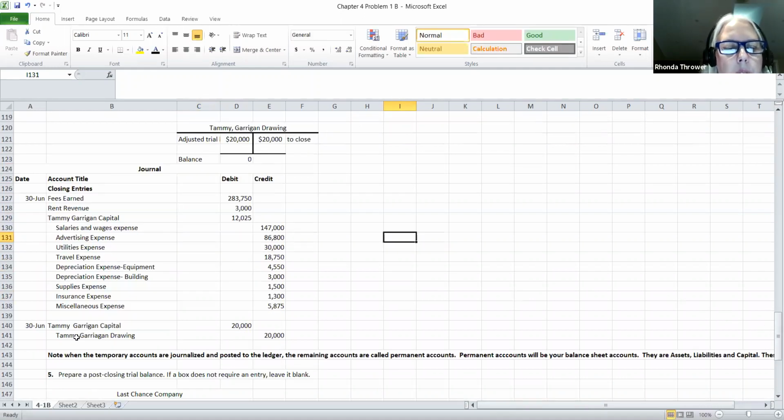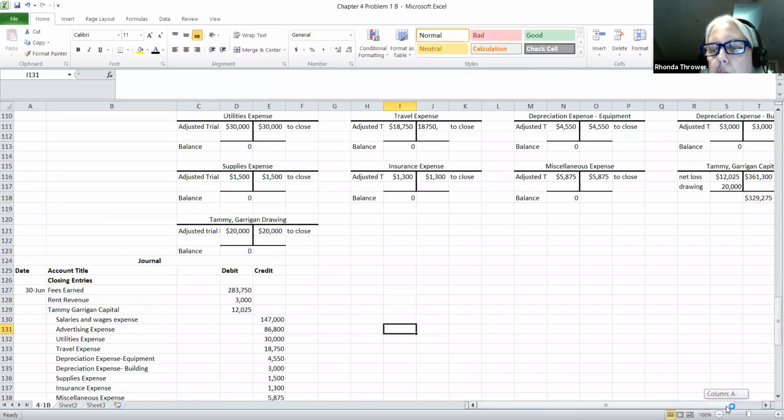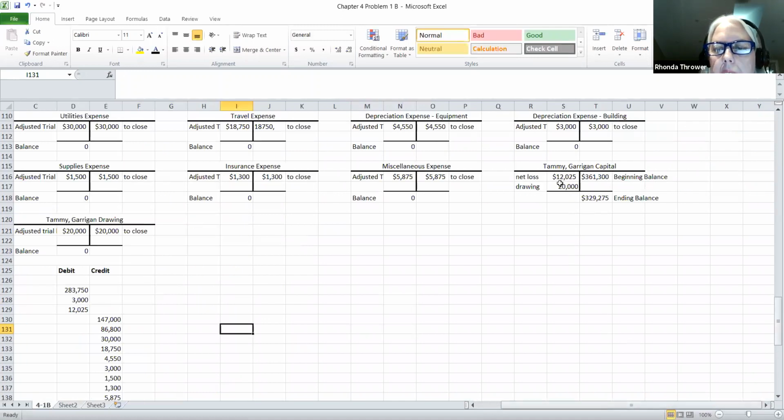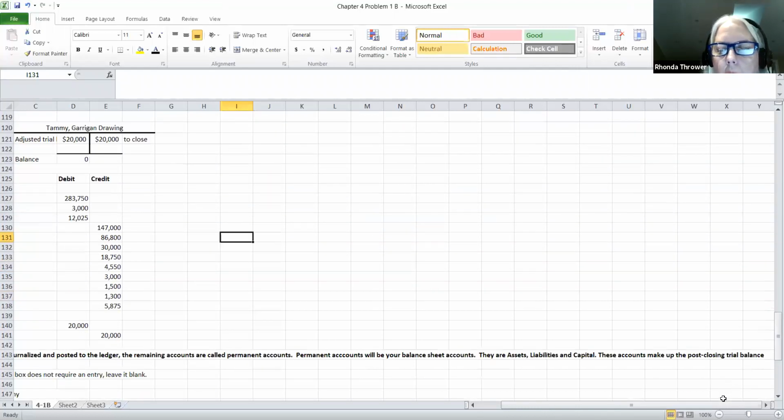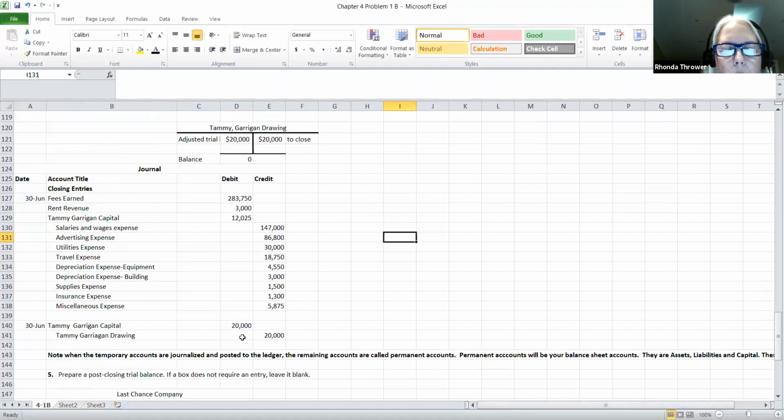So notice in my journal, I have debited my capital account. And the reason for that is because drawing or withdrawals will decrease the owner's equity account, which is your capital account. To decrease owner's equity, we debit it. So we had to debit the capital account for the drawing amount, and then we have to credit the drawing account to reduce the drawing account to zero.